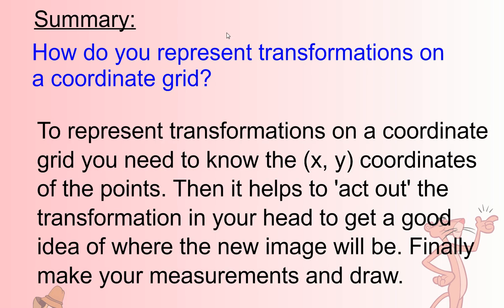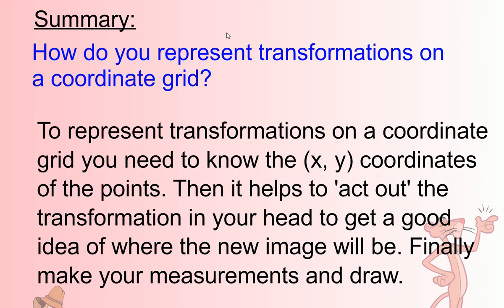Here's what I came up with. I say to represent transformations on a coordinate grid, you need to know the x, y coordinates of the points, which is true, you do. Then it helps to act out the transformation in your head to get a good idea of where the new image will be. That's especially true when we were talking about the rotations, how I told you about putting your pencil down and turning around the origin or around that point. It's also good to think about the acting out of the dilation.